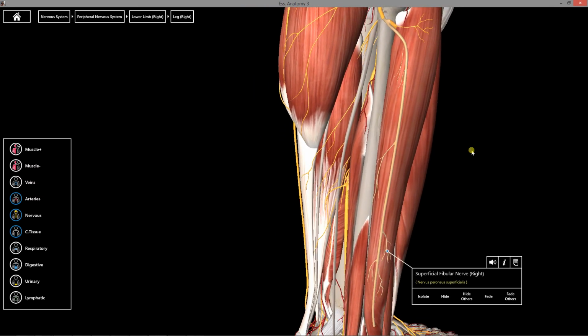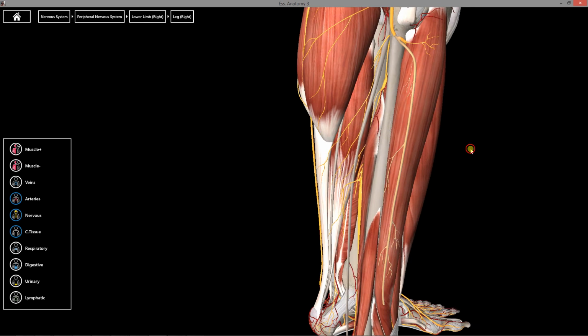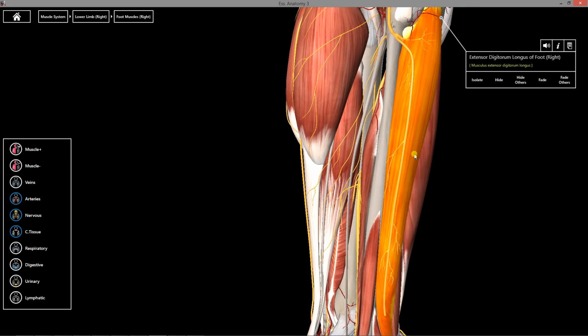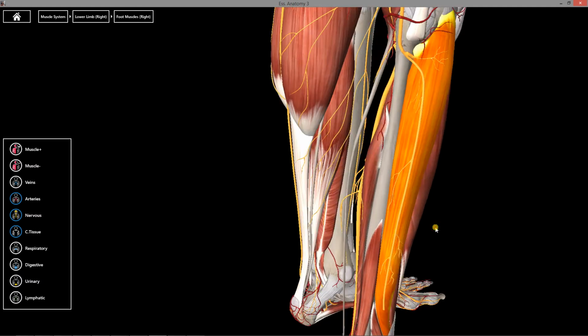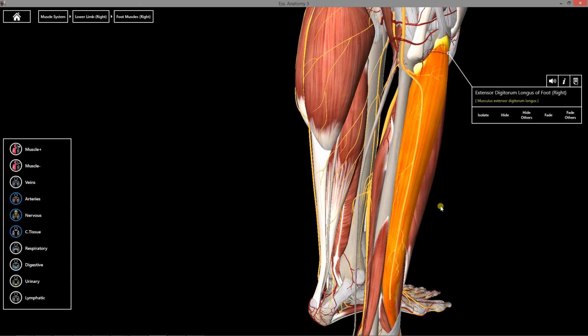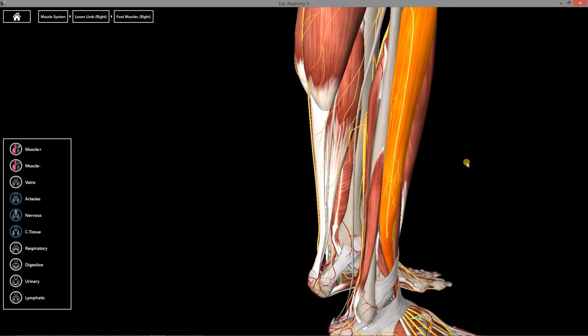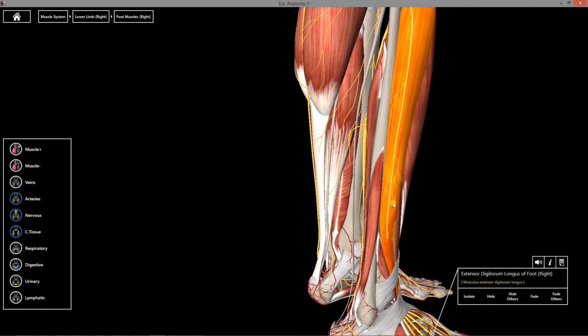And so you can see that the superficial fibular nerve lies superficial the whole way down the extensor digitorum longus. I'm not going to, but if I did put back in the fibularis longus, you would see that once you get more inferior, it'll be found just anterior to the fibularis longus.